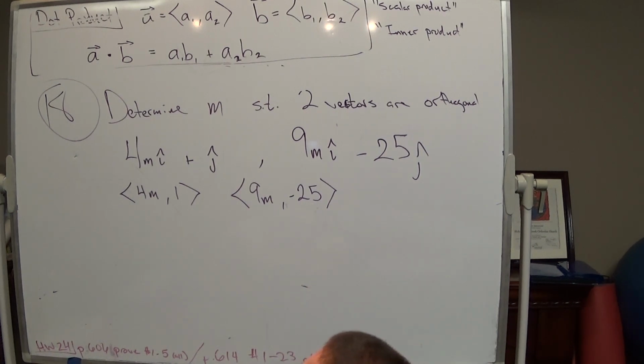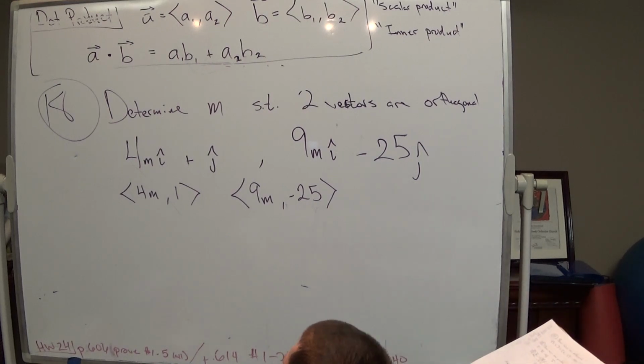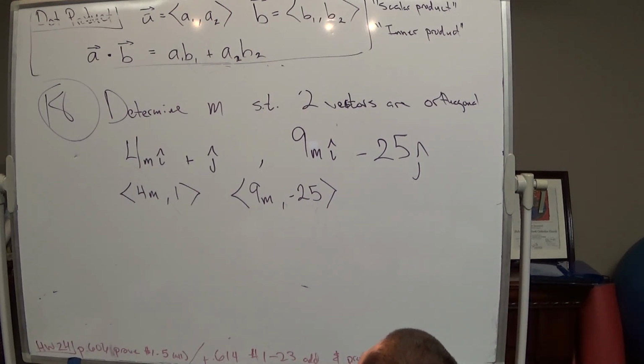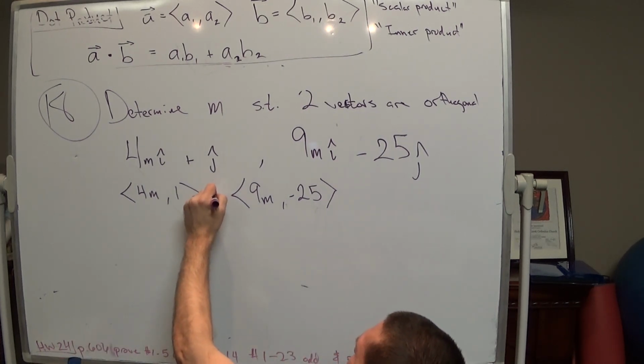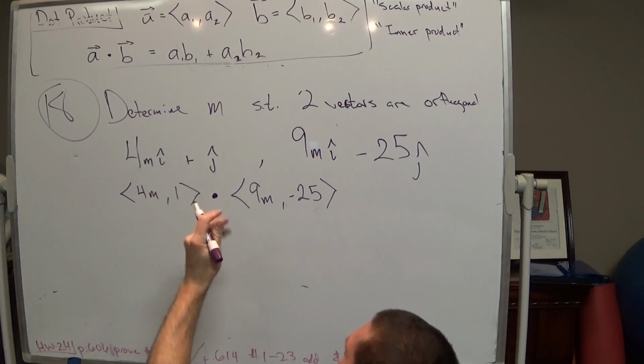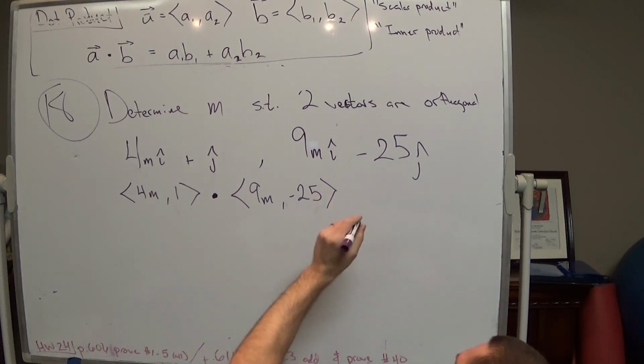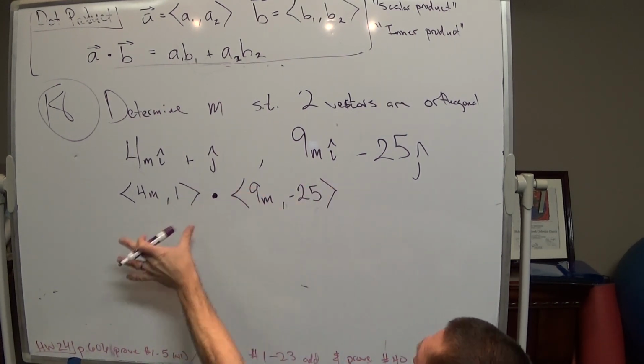It's important. But now, if two vectors are orthogonal, then what does that mean? The dot product equals 0. So let's take the dot product. We want the dot product to be zero if these are orthogonal.